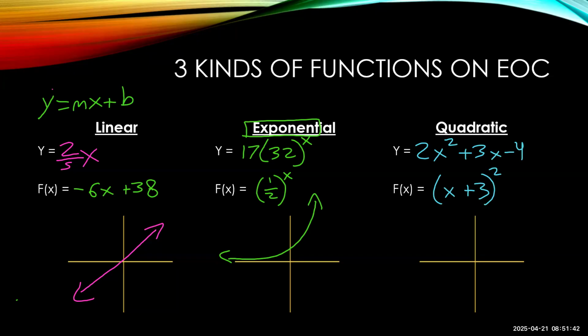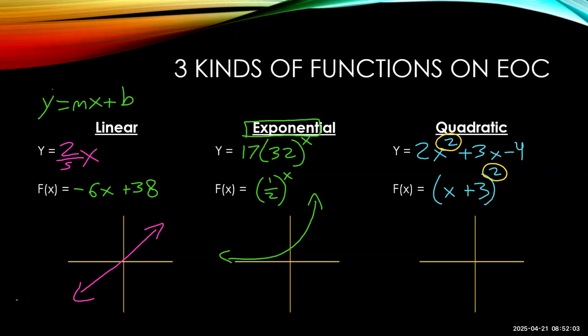What do you notice that I've included in both of those equations? Yeah, a 2 in the exponent. So quadratic means the highest exponent I see is a 2. That makes it a quadratic.